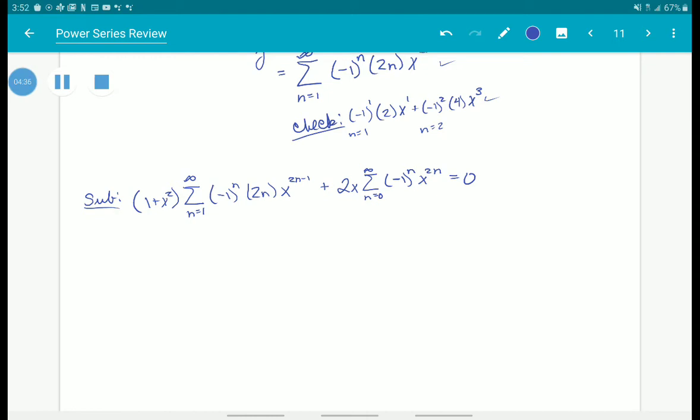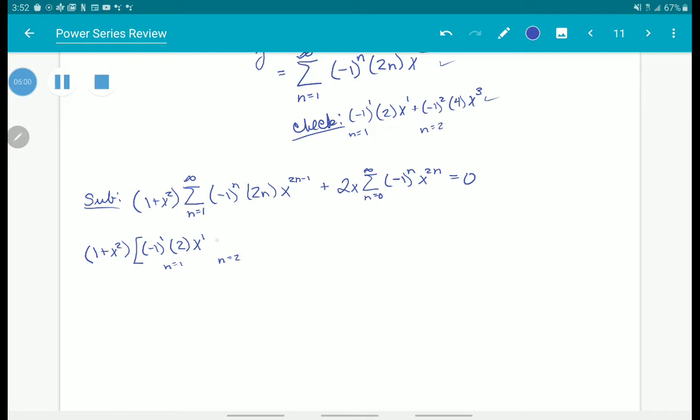So let's write some terms out and see what's going to happen. And remember, we're looking for patterns. So if we substitute a 1 in here, we're going to have a negative 1 to the first times 2 times 1, x to the first.